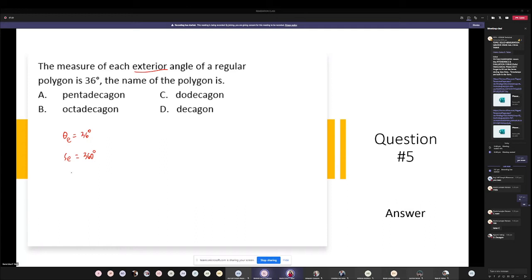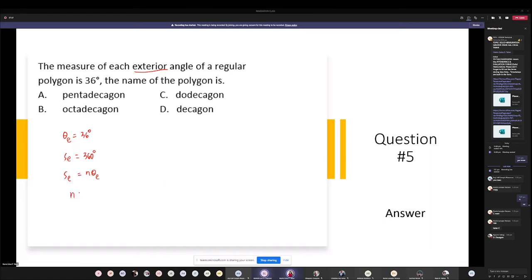So if you multiply the exterior angle with the number of sides, it's equal to 360. That means S sub E is equal to N, the number of sides, times the measurement of each exterior angle.